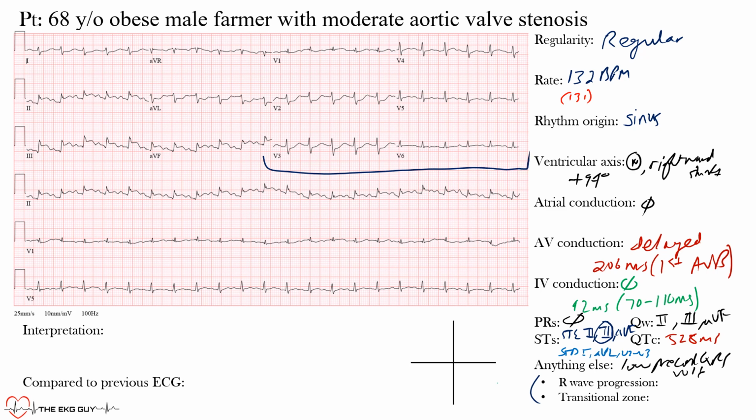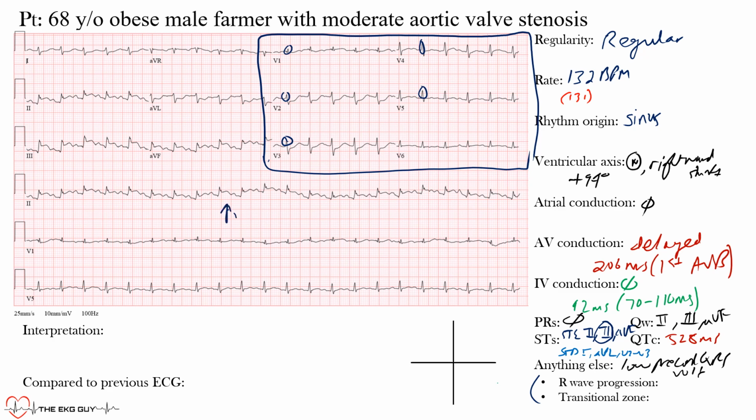This is where we focus on the precordial leads, and here we're looking first at R-wave progression. These chest leads are placed on the chest, so it really depends who's placing them and how they're placed. What you want to see is that the initial R wave should increase in amplitude.